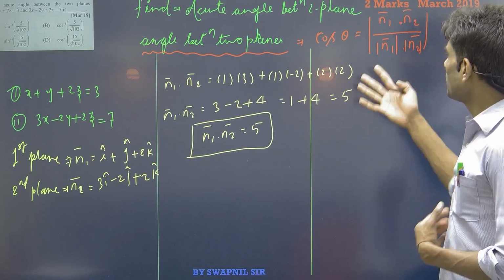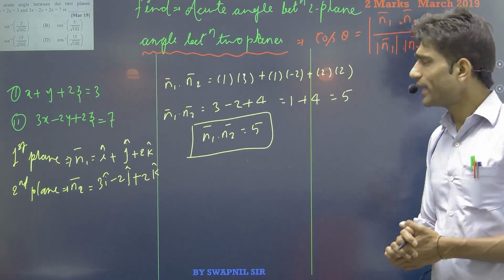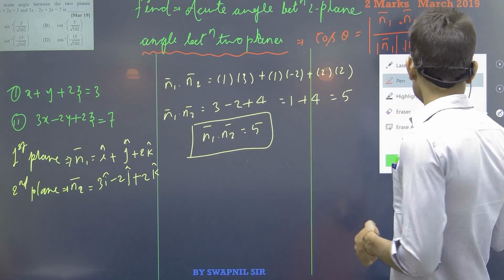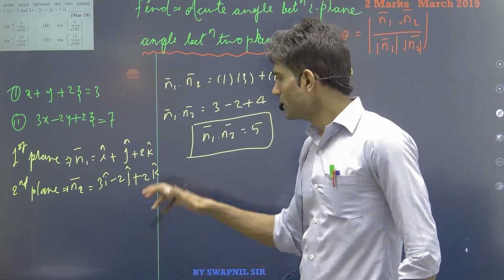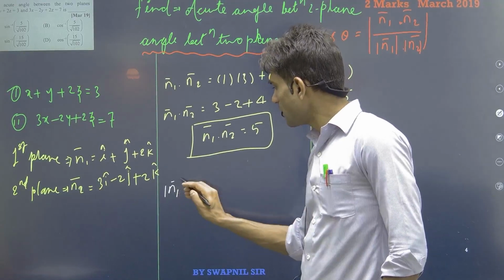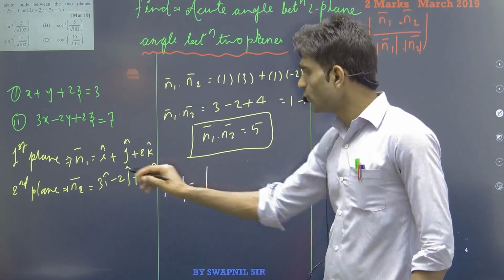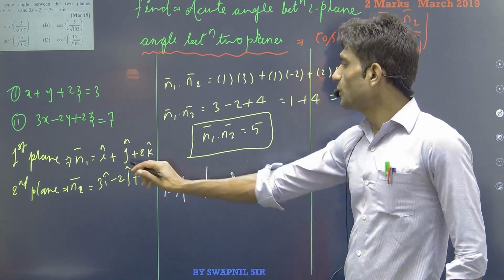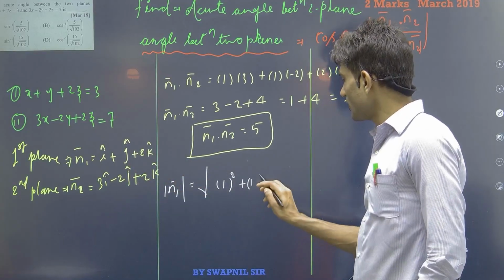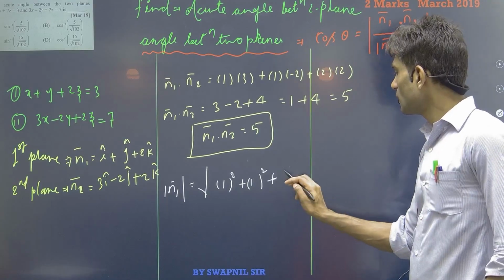Now next, what we want here is the modulus of n1 bar times the modulus of n2 bar. As I explained earlier, for finding the modulus, the modulus of n1 bar can be written as the square root of the coefficient of the first term squared, that means 1 square, the coefficient of the second term squared, again 1 square, and the coefficient of the third term squared, that means 2 square.